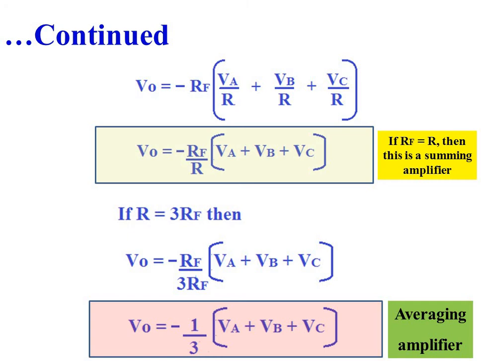That means the inverting summing amplifier becomes an averaging amplifier. So these are the expressions for a 3-input inverting summing amplifier.